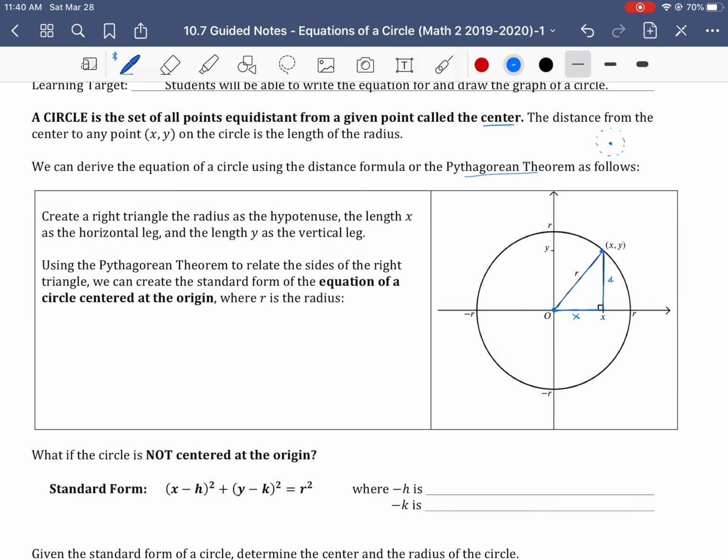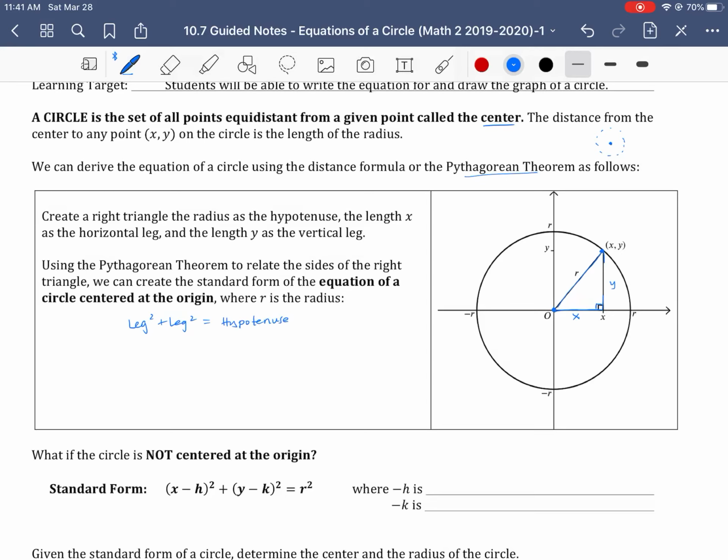Circles are awesome if we can create little triangles like this because we can talk about their points, and we'll do more so in the future. When you're looking at this, if I were to represent that, I don't know why I wrote a 4. That should be a y. So if we're looking at this right here, again, remember that the Pythagorean theorem is just leg squared plus leg squared, and that's equal to whatever the hypotenuse of the right triangle is.